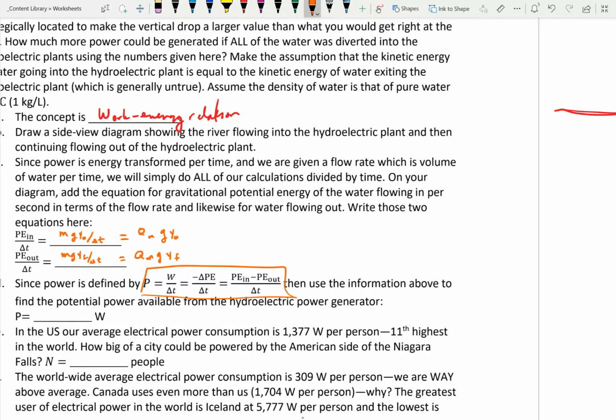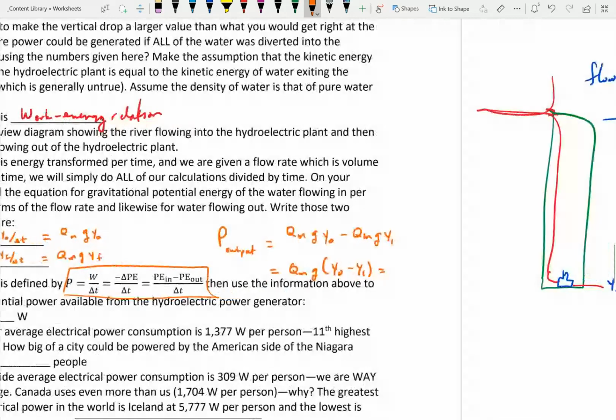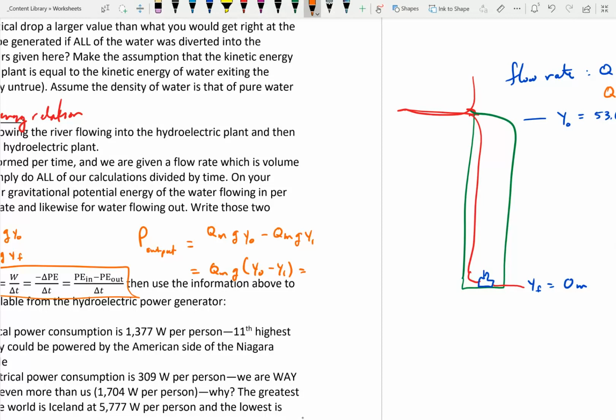So since the power is defined as the difference in these two, the power output is equal to the power in over delta t, so Q g y0, minus the out, Q g y1, or making it easier, Q_m g times (y0 minus y1), equals, and then I just multiply the numbers. So Q_m was 567,811 kilograms per second.